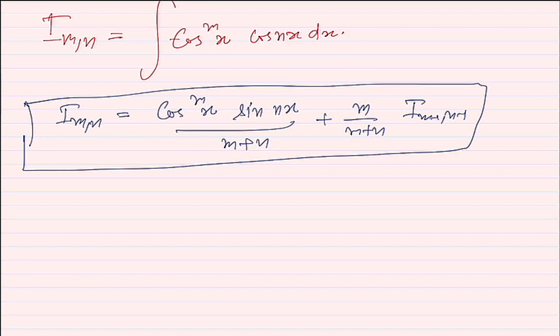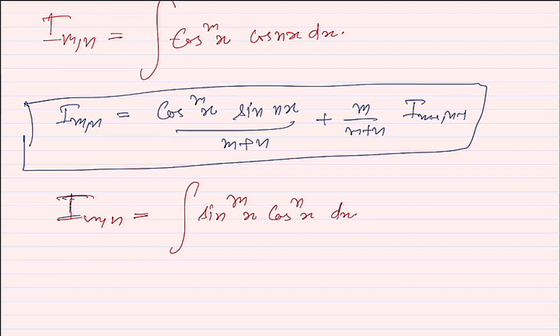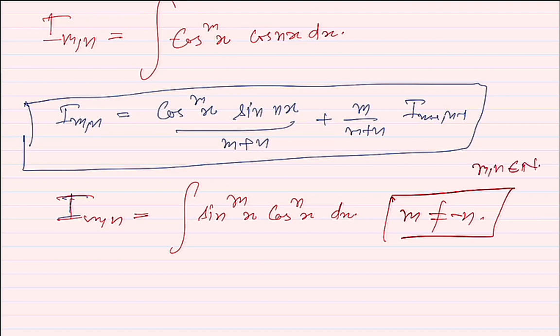And the last formula for our today's course is Imn equal to the integral of sin raised to power m x cos nx dx. Here m is not equal to minus n. This is the condition we have. Both are natural numbers, so if both are natural numbers, this condition is redundant; you don't need to write it.